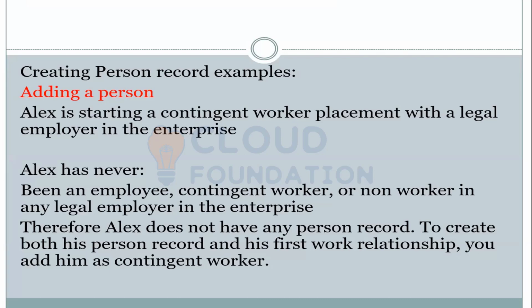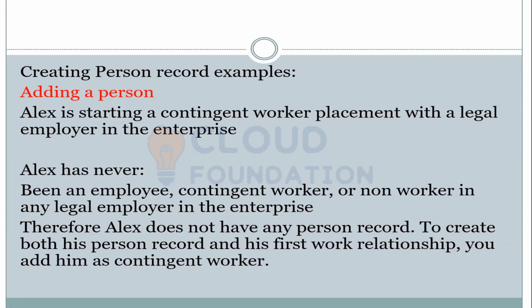Alex has never been an employee, contingent worker, or non-worker in any legal employer in the enterprise. Therefore, Alex does not have any person record. To create both his person record and his first work relationship, you add him as a contingent worker.